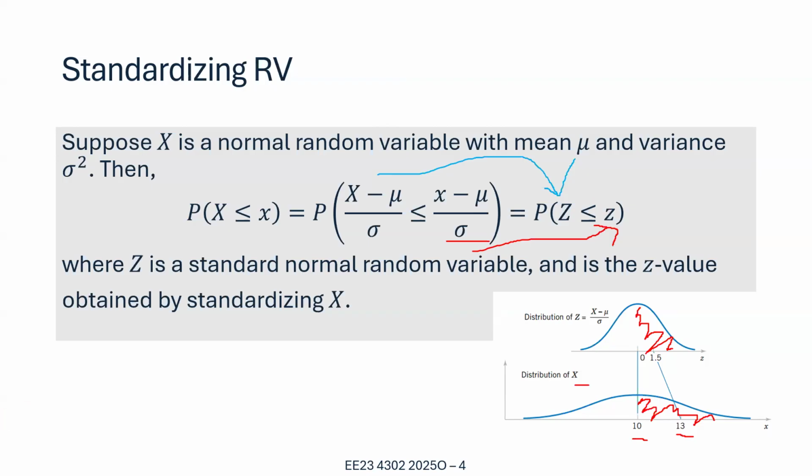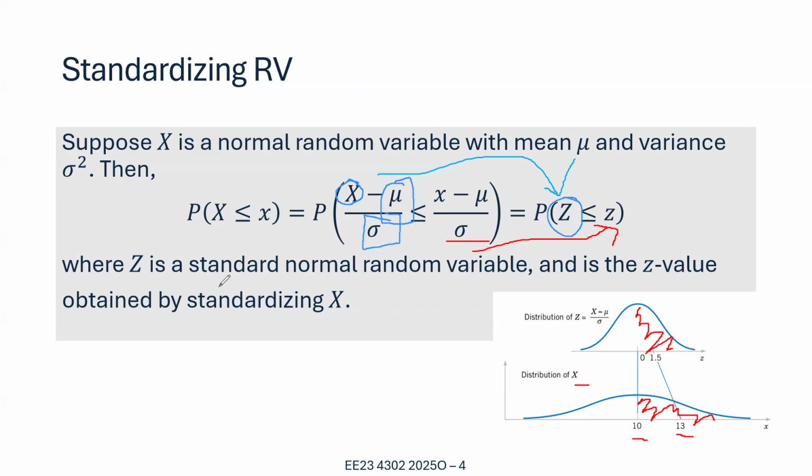So the standard normal variable is denoted as z. This is what we saw in the table. And we can convert this x into z by subtracting the mean and dividing by the standard deviation.